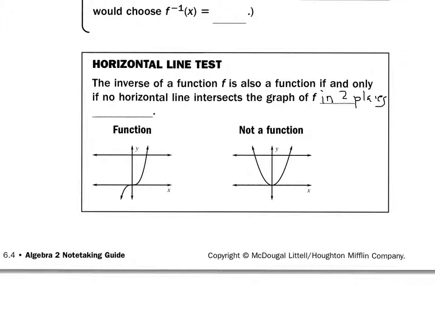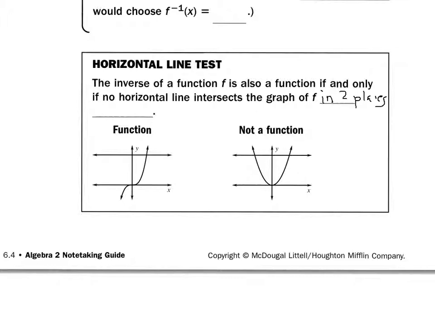So the vertical line test is for a function, and the horizontal line test is for an inverse. So they both have to work for an inverse to be a function.